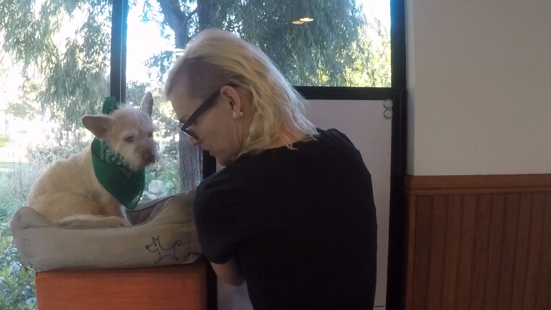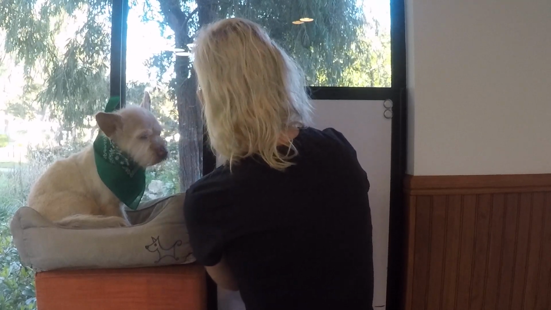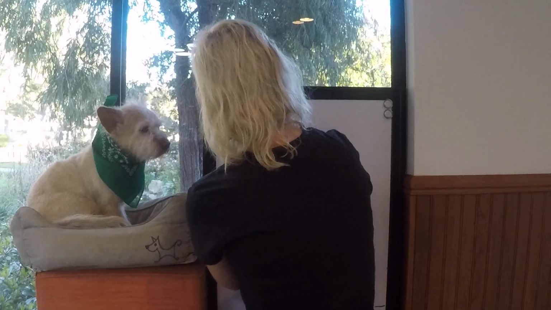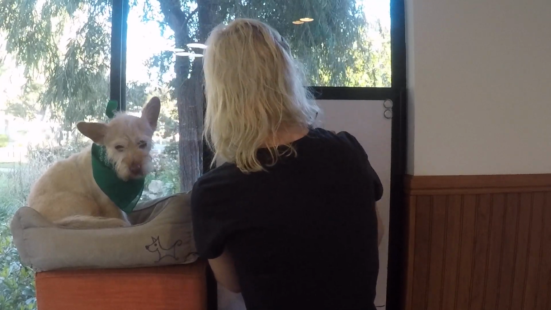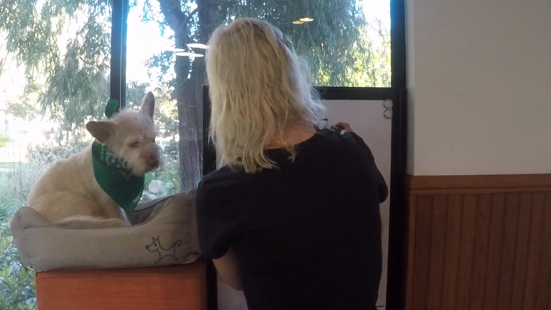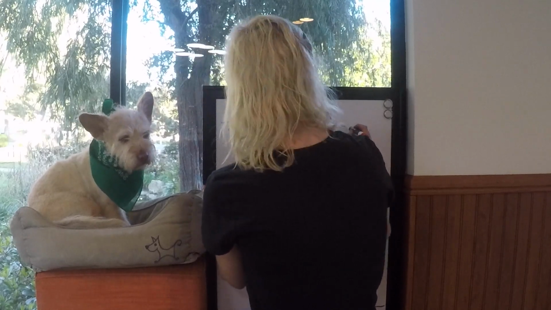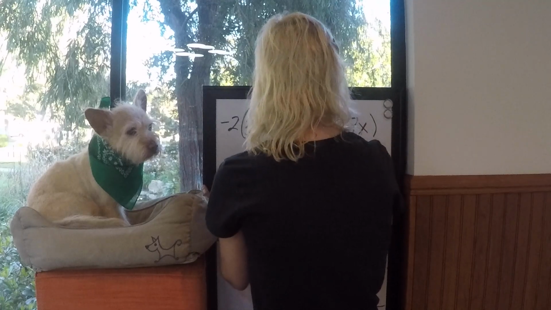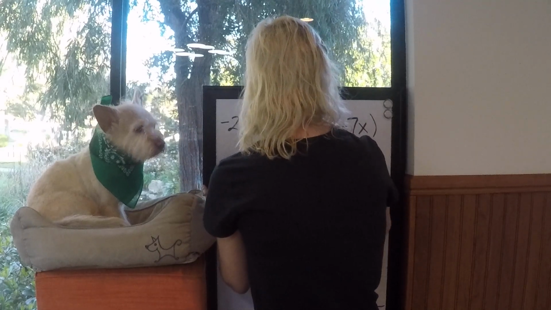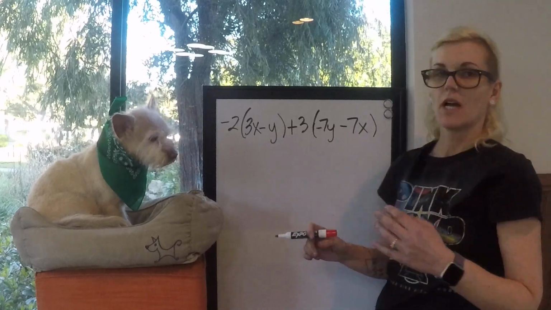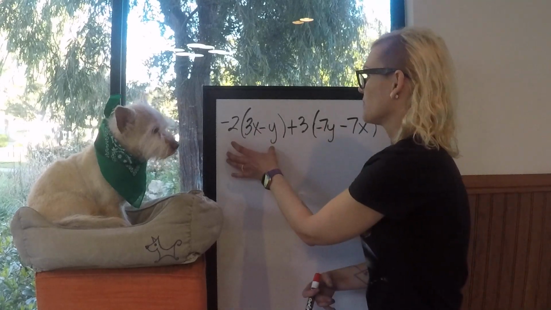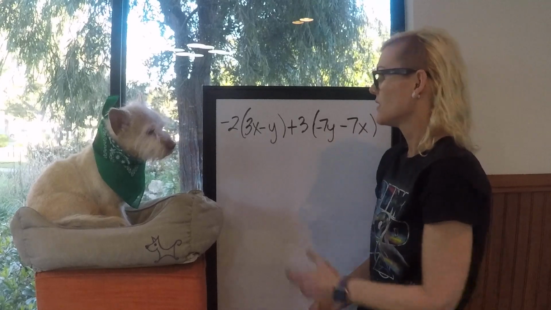Negative 2 times 3x minus y, plus 3 times negative 7y minus 7x. Alright, let's move this guy over a little bit. Okay, so in this example, I have two different pieces that are being distributed.